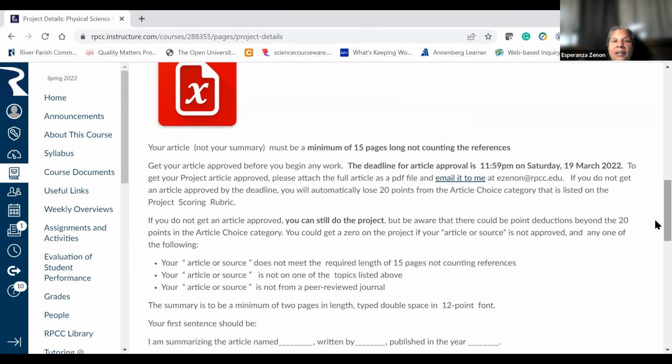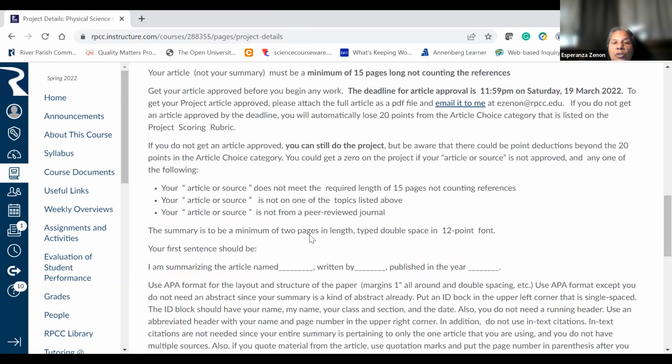That's what a summary is, right? You explain the big ideas, right? And so what you're going to be writing for me as a summary is to be 2 pages in length, typed, double spaced. Okay, so it's not that you have to write a whole lot.